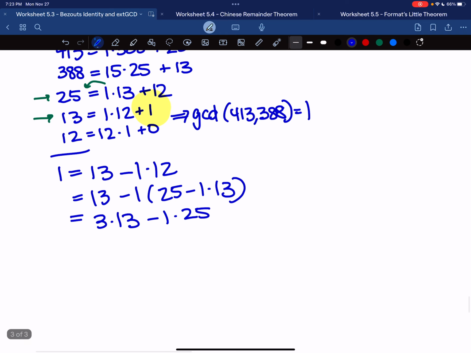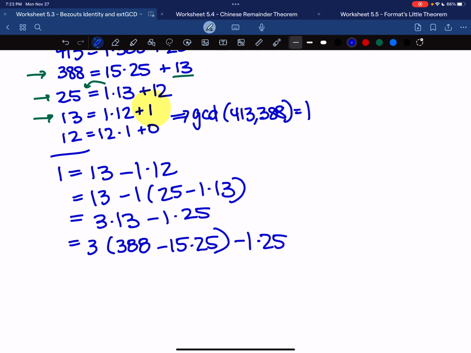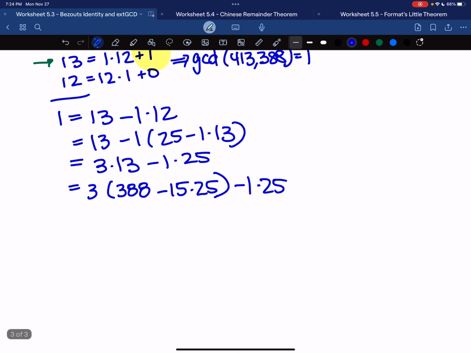Then we go up one more line, and we're interested in the 13 here. Instead of 13, we're going to call that 388 minus 15 times 25. And that's an alternate version of what 13 is equal to. So here we have 3 times 388, and minus 45 25s and minus 1, so minus 46 times 25. I'm just expanding that out.